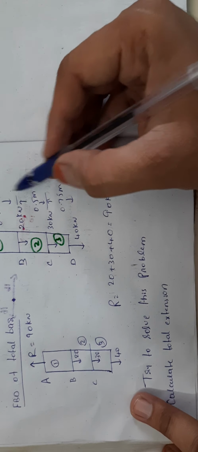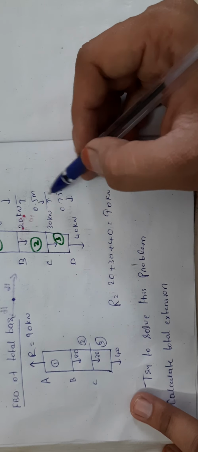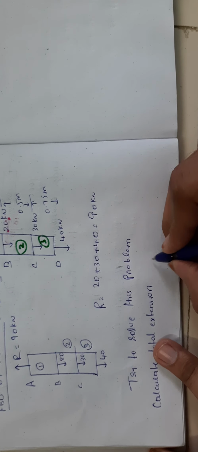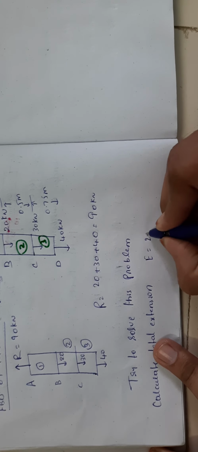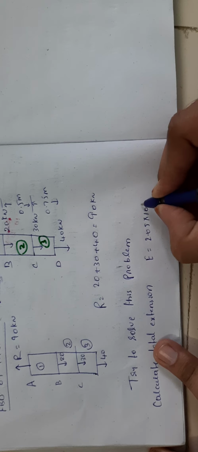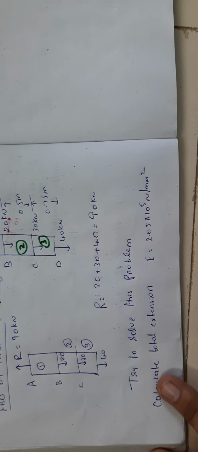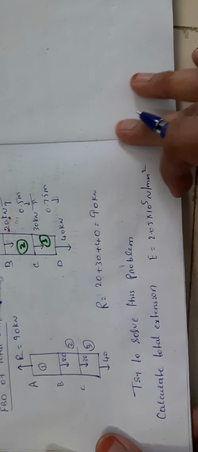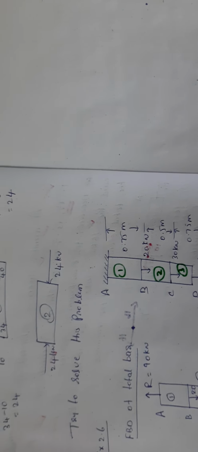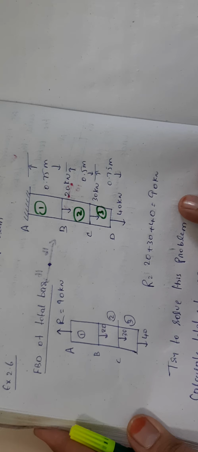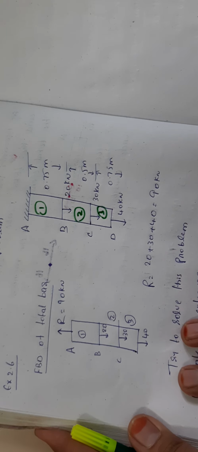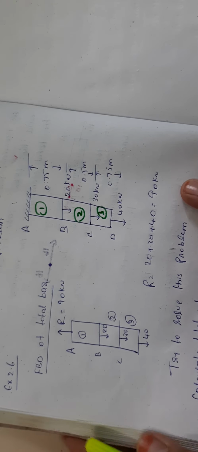Total length is 2 meters, and Young's modulus you take 2.05 into 10 power 5 Newton per mm square. Okay, try to solve this problem. Okay, by this concept we have finished the principle of superposition. Okay, thank you.